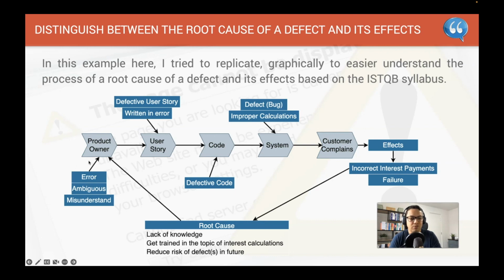Try to improve these for future requirements gathering to reduce the risk of defects from the beginning. Don't wait until it goes all the way down to find it in production. So the system worked, but it worked incorrectly from the user's point of view. And that's how you relate the root cause of a system.